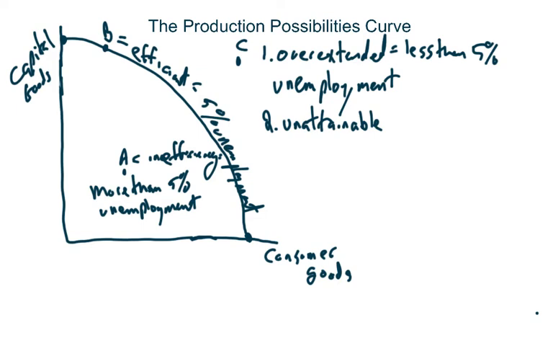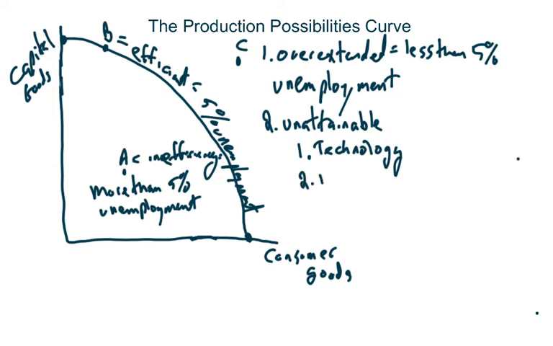We would need to grow the economy out to point C, but how would we do that? Well, if we have better technology, that is one of the shifters of the PPC. If we have better technology, that means more production. We can definitely grow to point C.